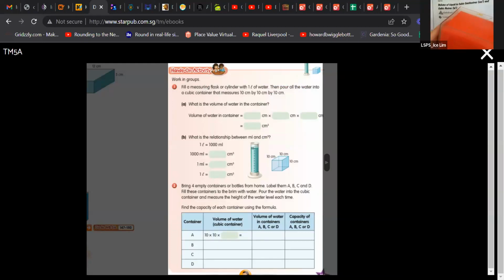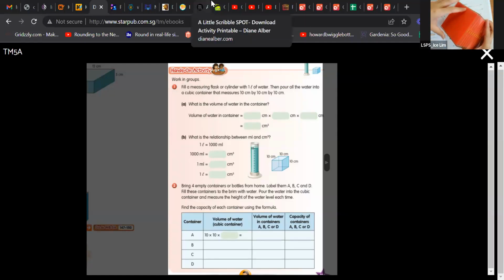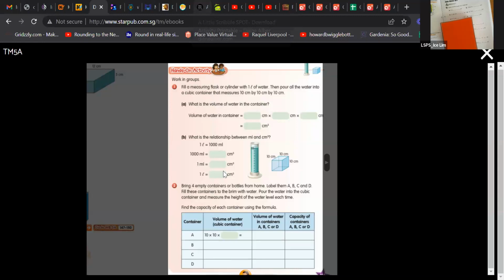So yesterday I brought this out. My 10 by 10 by 10 container is actually this one here. If you see at the side of my screen that I spotlight, can you see? Let's fill in this portion first in our textbook.